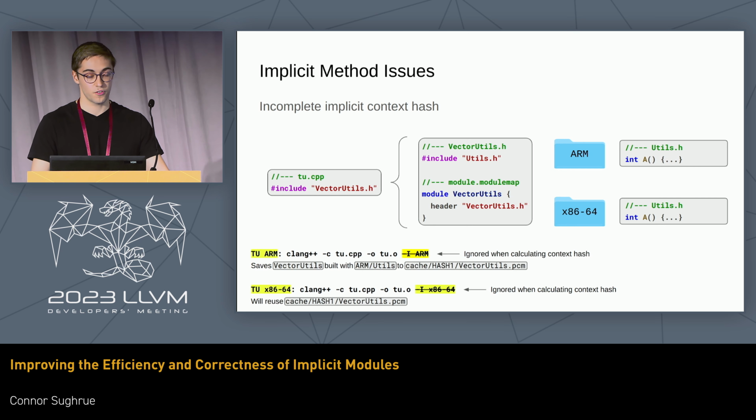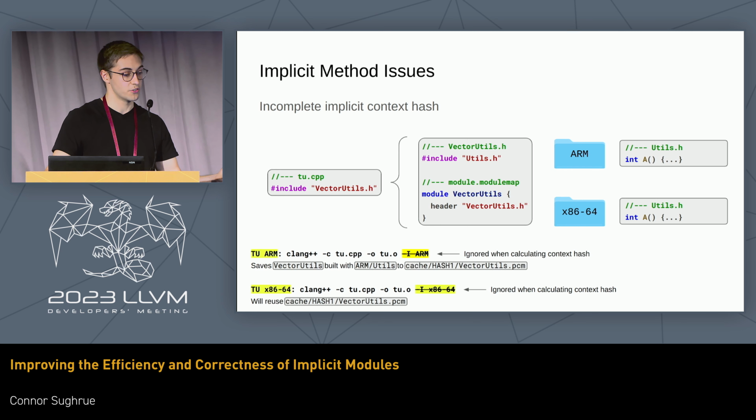So for example here, we have tu.cpp, which is dependent on the Clang module vector utils. Now, vector utils can either be built with ARM optimized functions or x86 optimized functions. And we also have two command lines. The build system will go ahead and execute the first command line labeled tu-arm, and it proceeds as you'd expect.